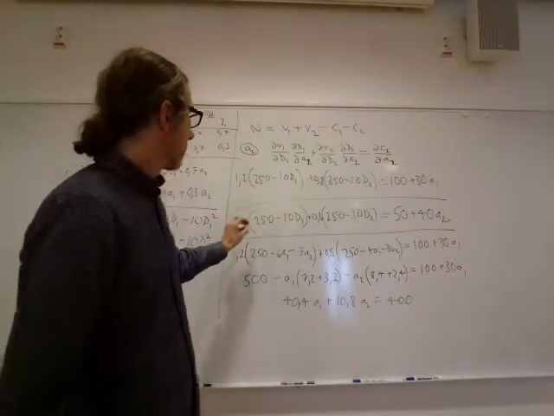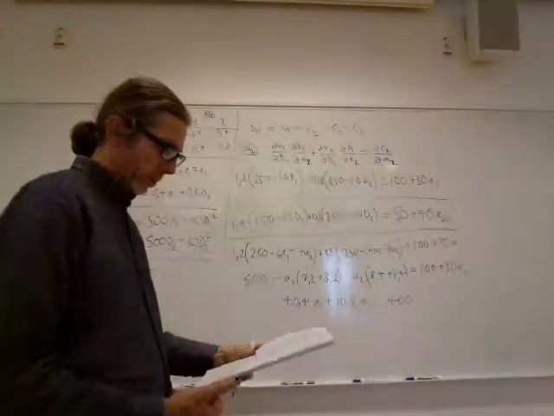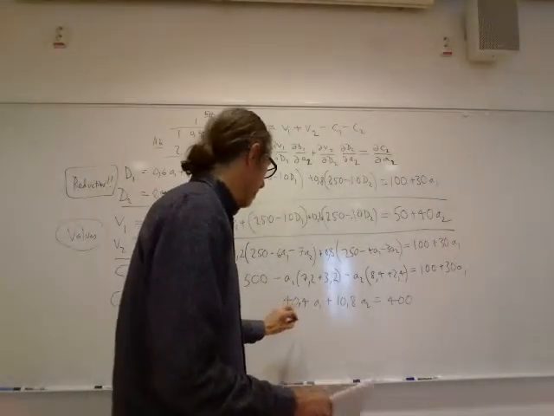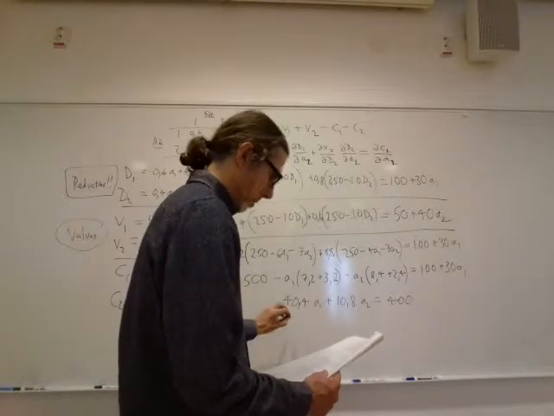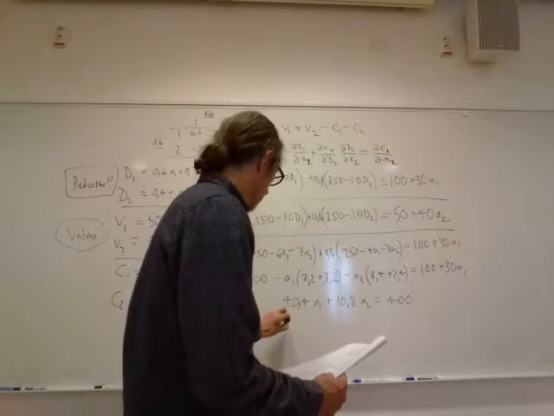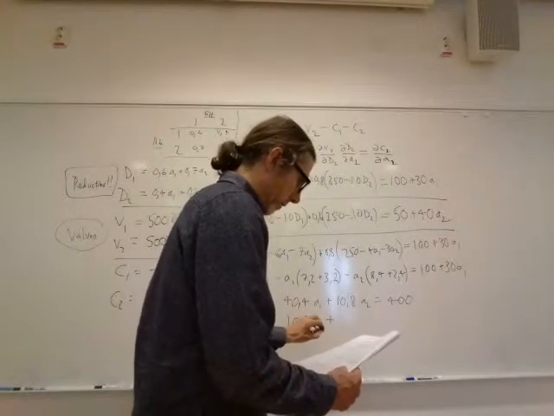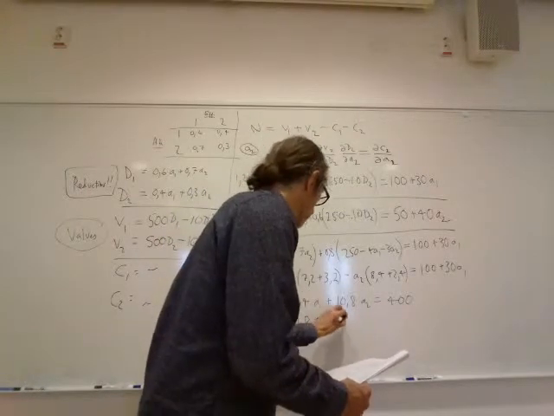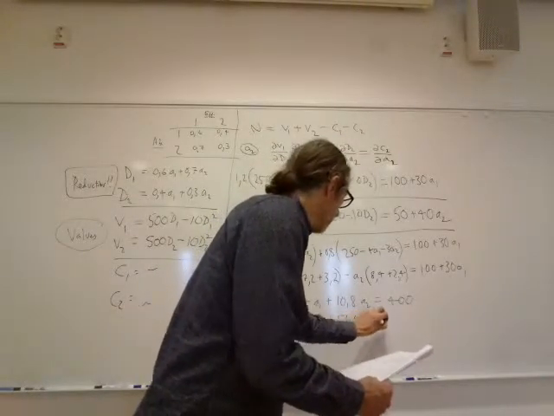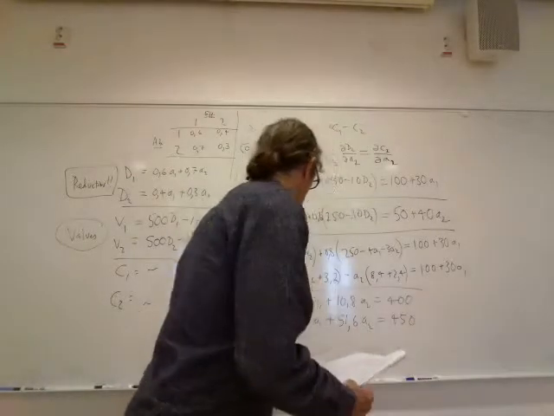If we did something similar with the second row, we would get, according to my crib sheet, 10.8 a1 plus 51.6 a2 equals 450.